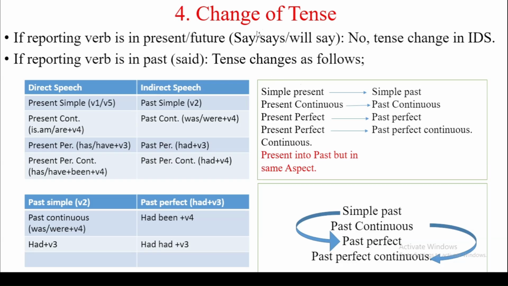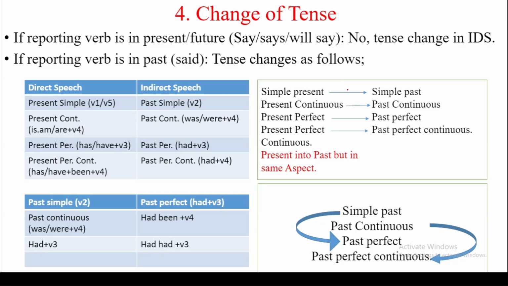Now the time is about to learn the changes of tense, how tense is changed while changing a direct speech into indirect speech. To make it easily remembered, I have arranged a trick.